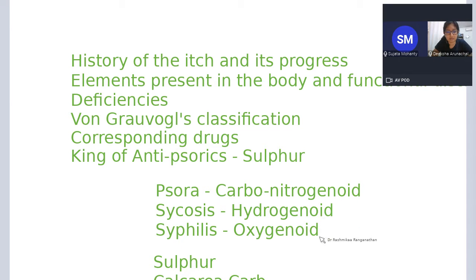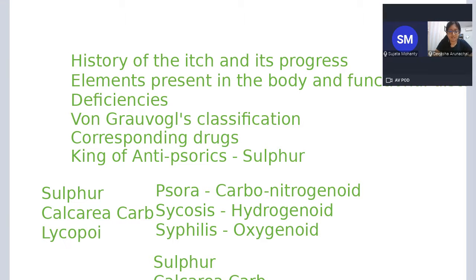Is it visible? Otherwise I'll type. It's not, okay. So it's basically sulfur, calcarea carb and lycopodium. I've run out of page. Okay, let me see if I can type it here. These are the three great antipsoric remedies.